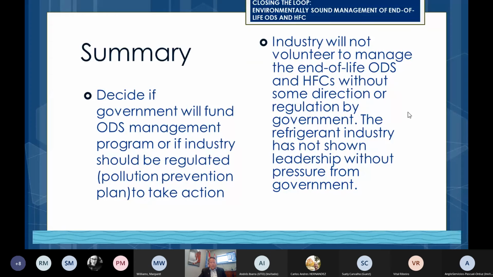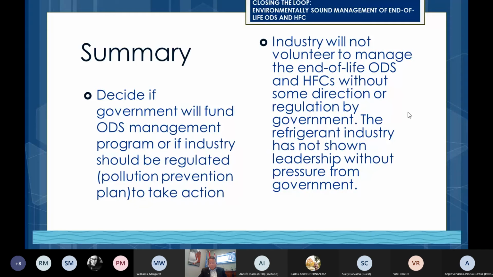In summary, I know we're a little bit tight for time, but you need to decide if government will fund the ODS management, the EPR system for these regulated products, these highly potent gases and other components. We found that industry will not voluntarily manage the end-of-life ODSs and HFCs without some direction or stimulation, regulation by government.